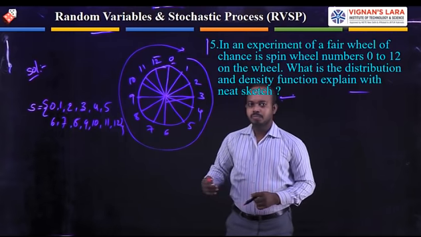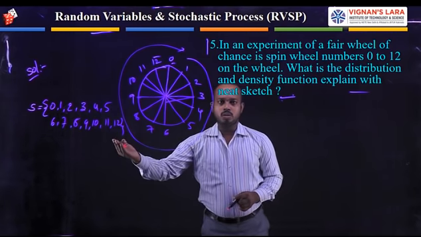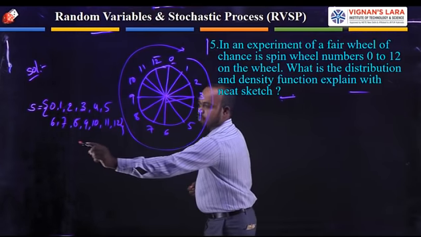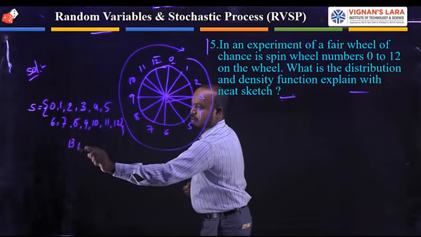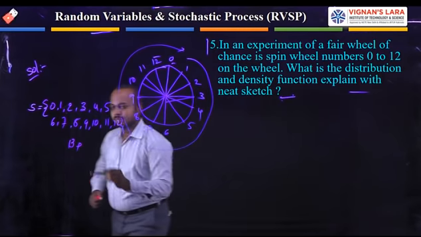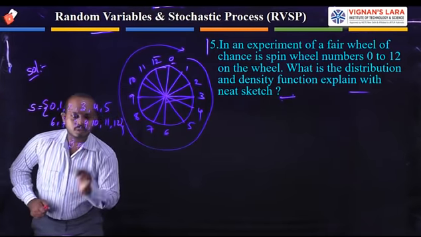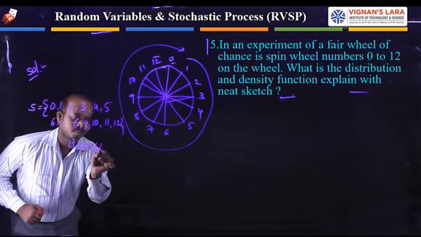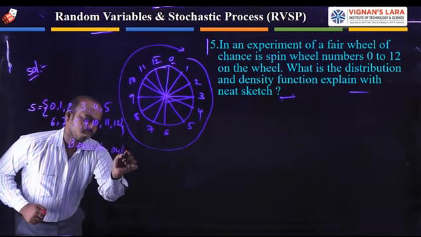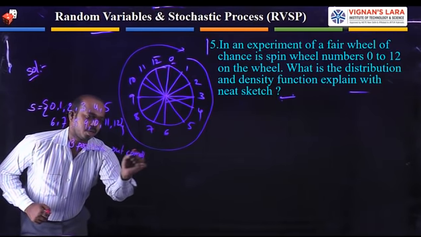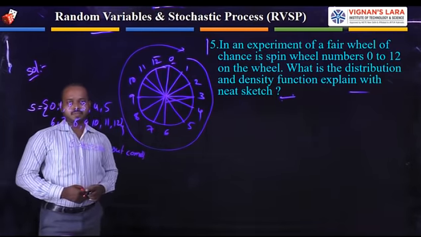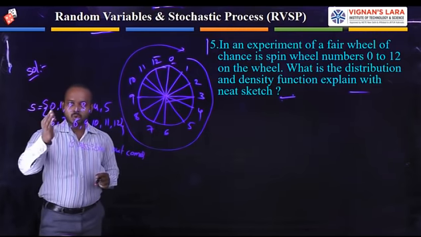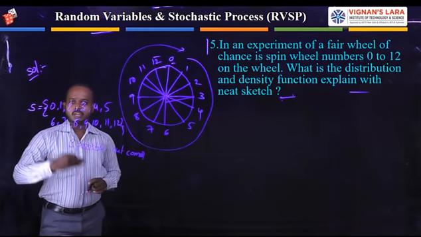In total we have 0 to 12, so we have 13 possible outcomes. These 13 possible outcomes are the sample space. Here we need to find the probability for the 0 occurrence, 1 occurrence and 2 occurrence.